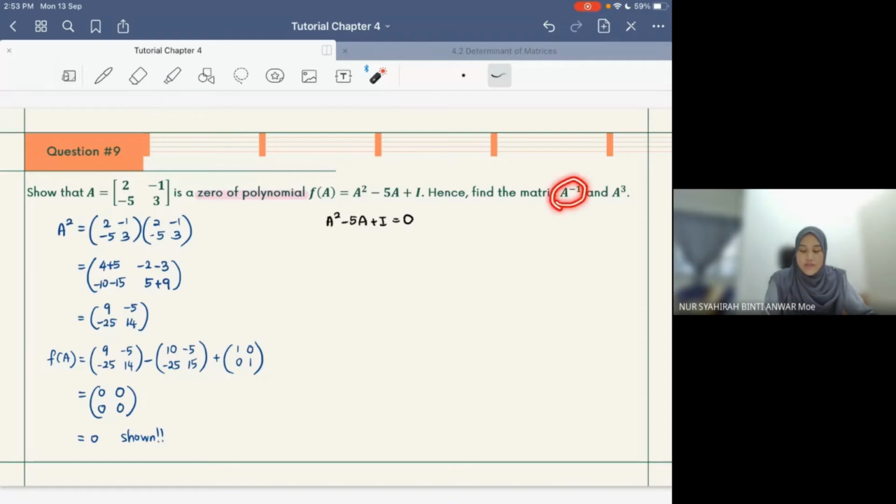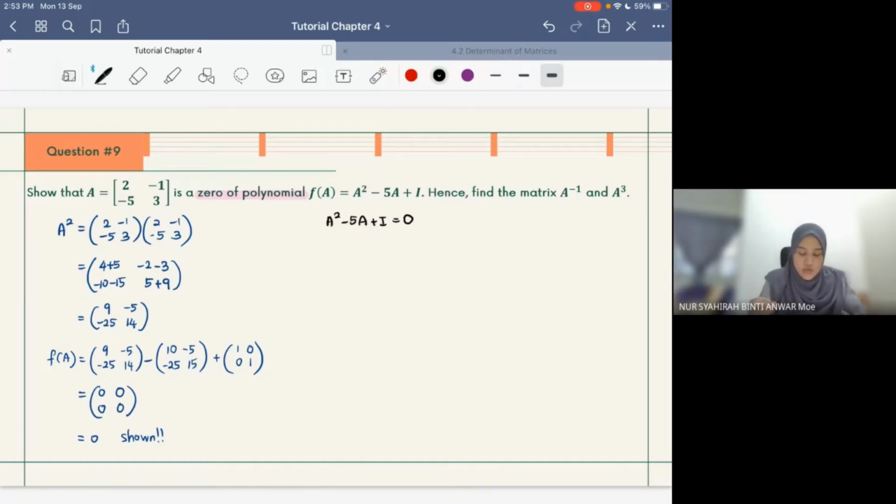To get A inverse, how? Because here we have I, and we know that I multiplied by any matrix gives that matrix. So I multiplied by A inverse will give A inverse. So actually this whole equation can be multiplied by A inverse. Whether we multiply at the front or at the back, there is no problem here, because the whole equation happens to be A. Okay?